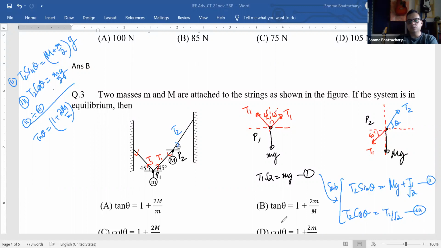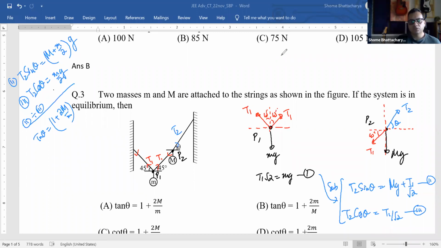So this was not really a difficult problem. It was just about being very patient with making the free body diagrams and substituting the equations. But anyhow, hope it is clear now. Okay, very good.